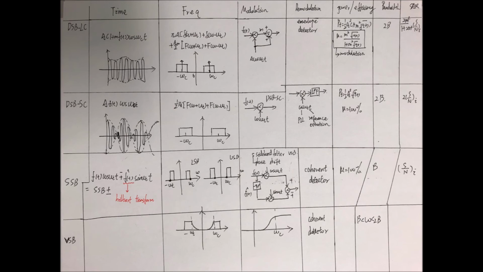Bandwidth for double sideband large carrier is 2 times, right? It's 2 times your original message bandwidth, so double. The last one is the one we just talked about.